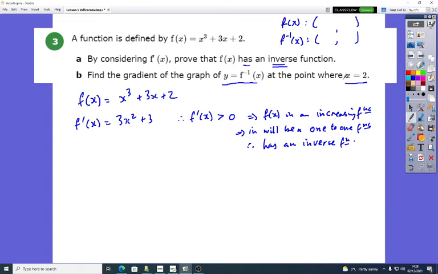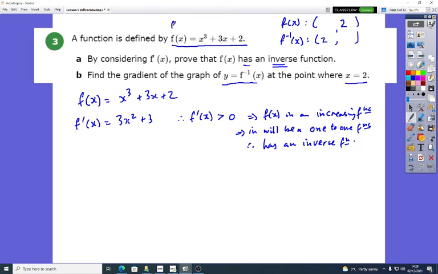So it's told me that this is 2. So for f of x, the domain of this function will be the range of the inverse function. Looking at this, if the output is going to equal 2, what value will x be to make f of x equal to 2?